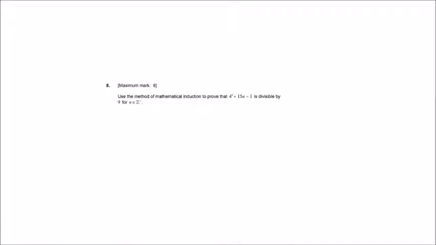Use the method of mathematical induction. Prove that 4 to the n plus 15n minus 1 is divisible by 9 for n belonging to the positive integers. So let's prove the base case.